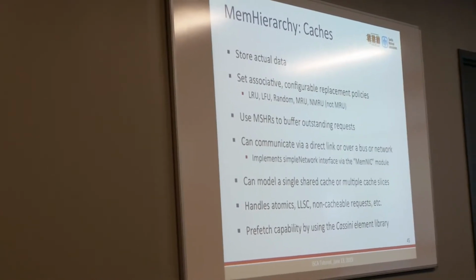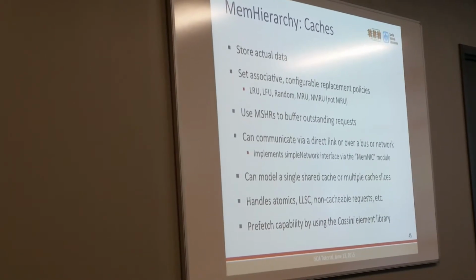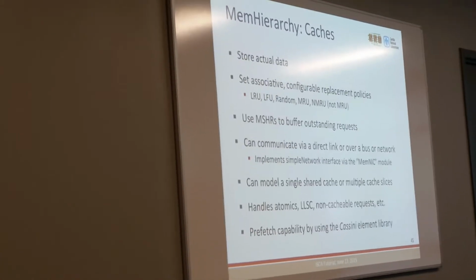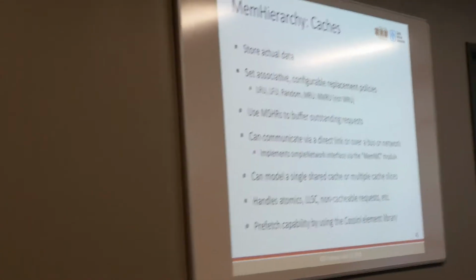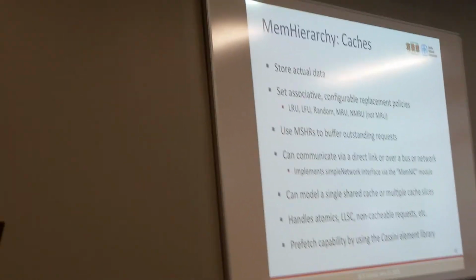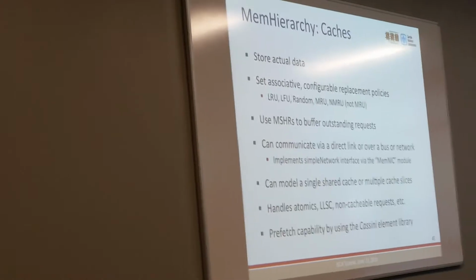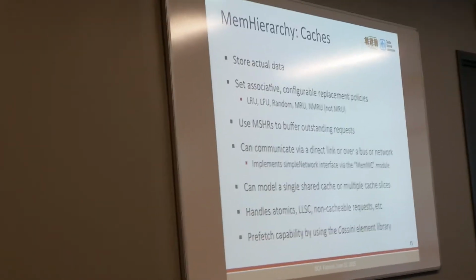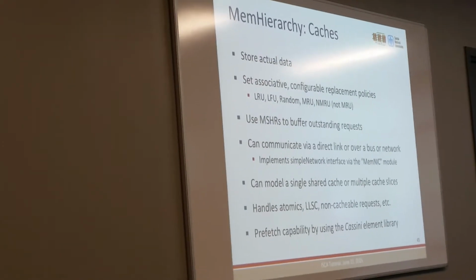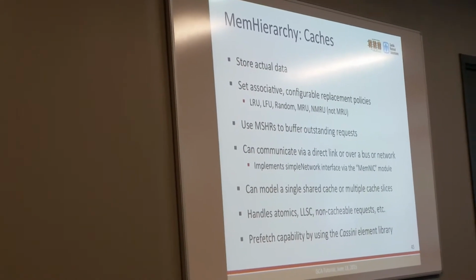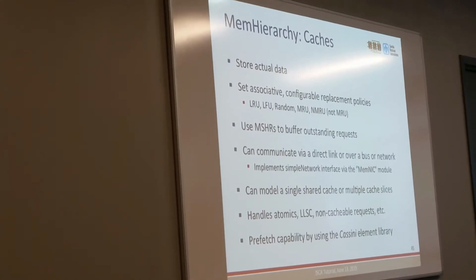The cache models have support for atomics and non-cacheable requests. There's also the Cassini element library, which is closely related. This is a library of cache prefetchers. So you can do mainly simple block look-ahead and streaming prefetchers, which have their own kind of sets of configuration parameters to detect strides and things of that sort.